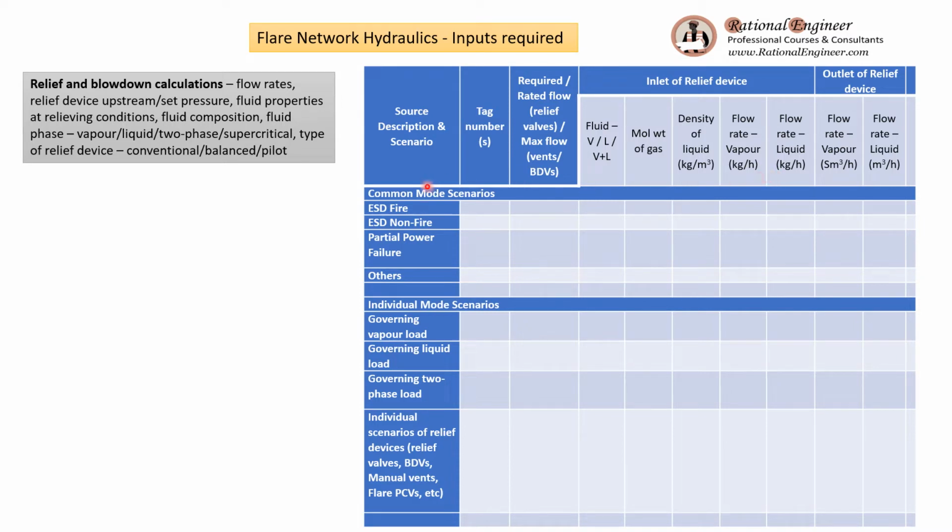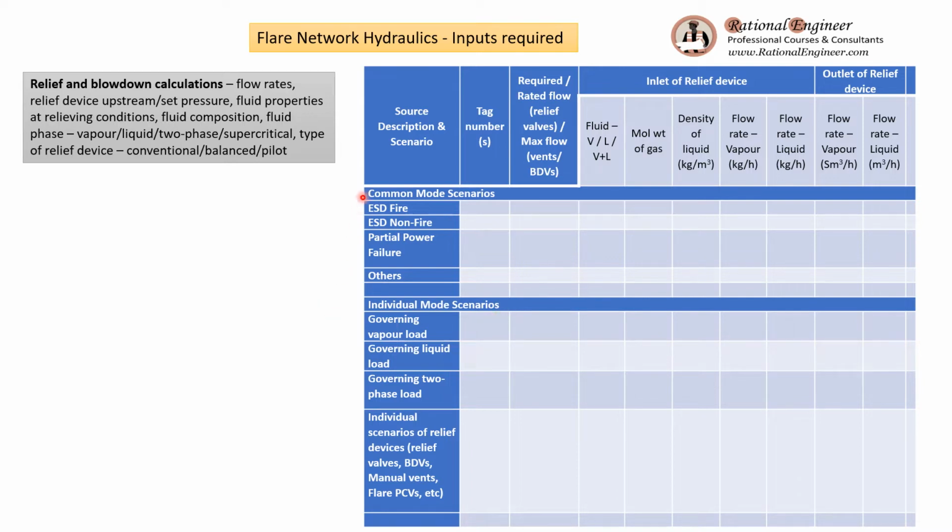These are further listed for the governing vapor load for the flare header, the governing liquid load, and the governing two-phase loads for all the individual relief devices, which are listed under individual mode scenarios.